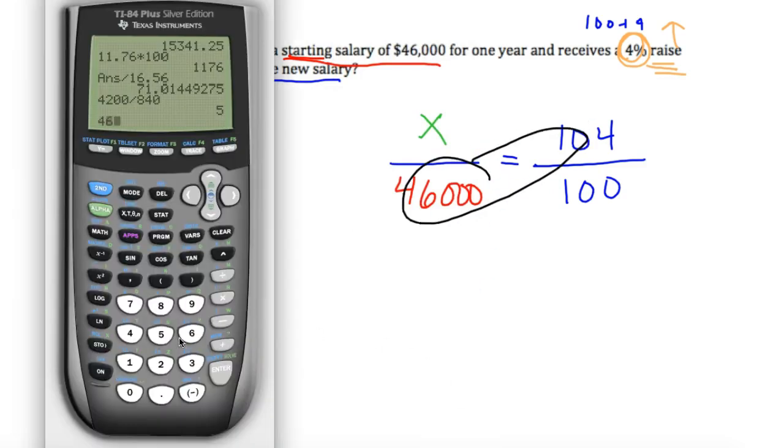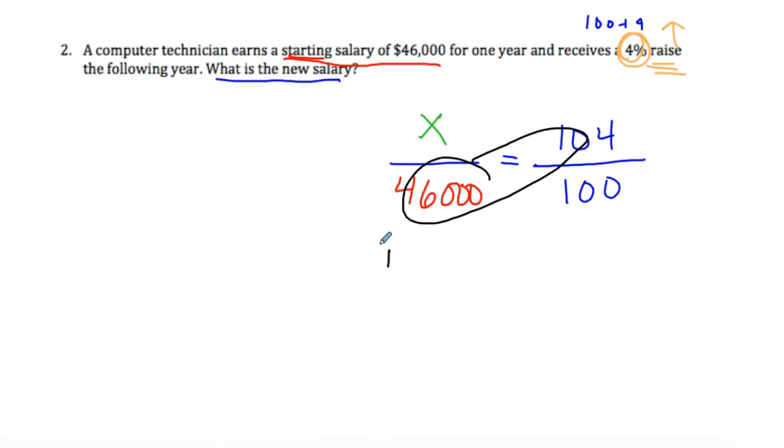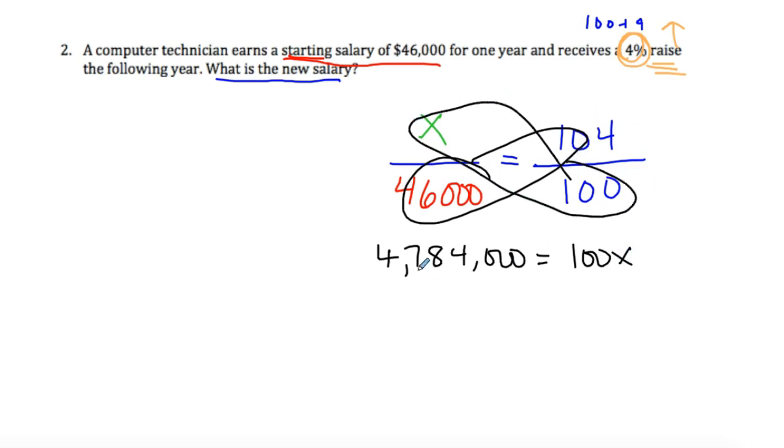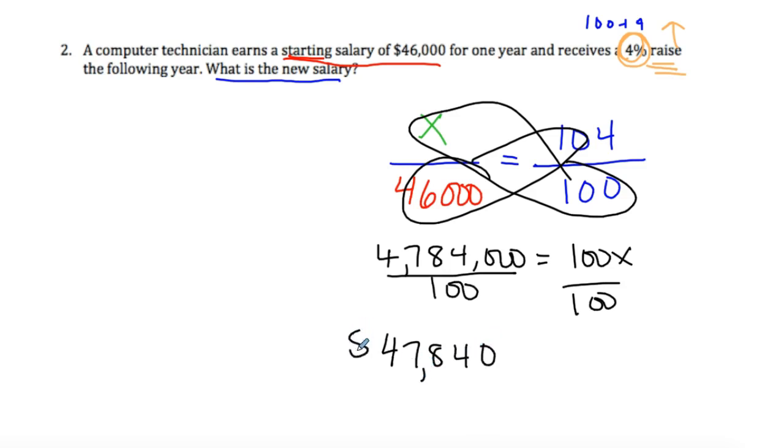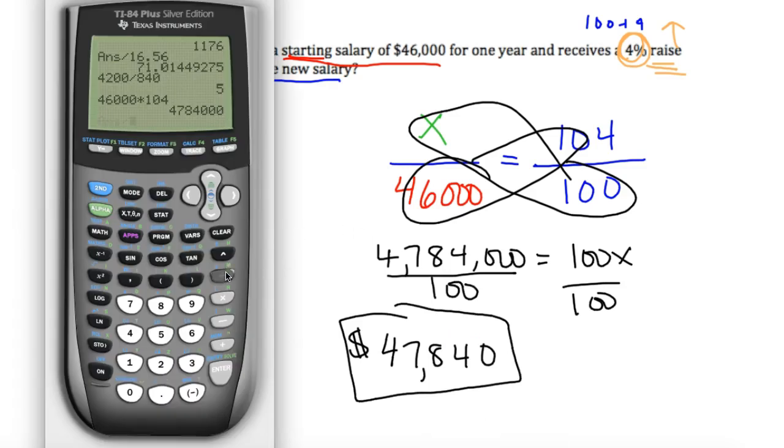So we have 46,000 times 104, that would be 4,784,000, is equal to 100x. Then I'm going to divide by 100 because that's the number in front of x. And I'm going to get $47,840.